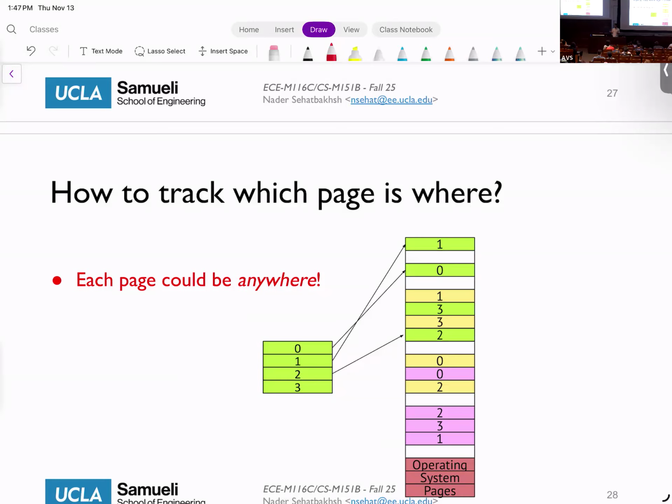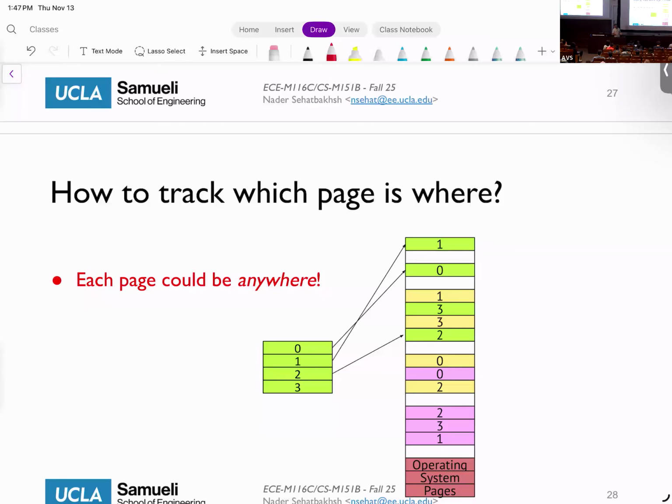So I need to now kind of reconstruct my program from these scattered pages and then apply that base and bound. So it makes things significantly more challenging. I also don't know where I stored what, right? So I need to also figure out where, for example, page 1 of program 1 is stored. So that's an additional challenge that I need to fix when I'm doing this.